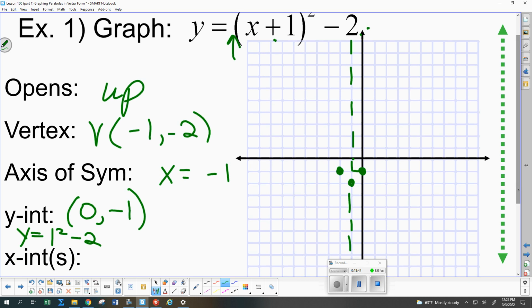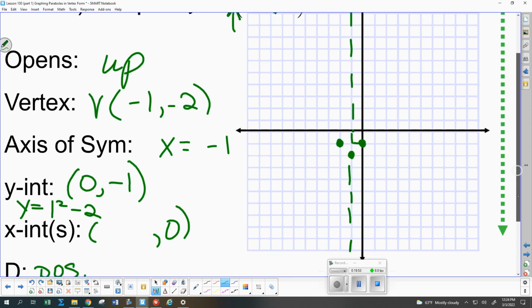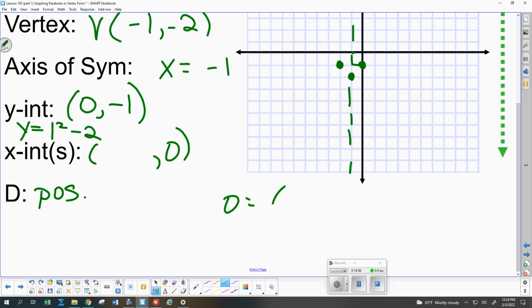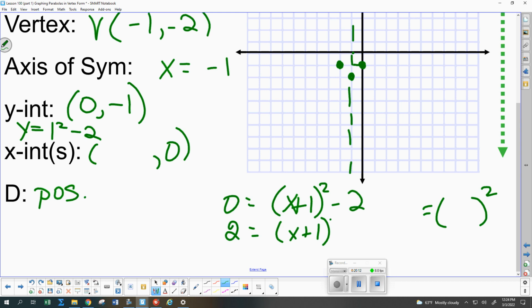For the x-intercepts, we know we've got 2 of them, (something, 0) and (something, 0). So I'm going to let the y be 0. So I have 0 is my parentheses x plus 1 squared minus 2. I'm going to try to get the parentheses squared equals. So if I add the 2 to both sides, I have that. Kind of like with completing the square, how do I undo the square?